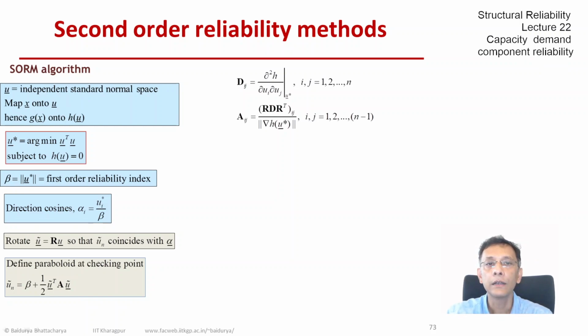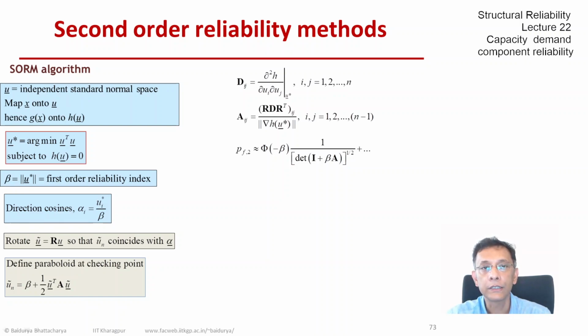So these are the mathematical steps, and then it can be shown, and I have the references at the end of this slide, that the improved failure probability would be the SORM failure probability, phi of minus beta, times a correction factor. This correction factor takes into account the curvature of the limit state.